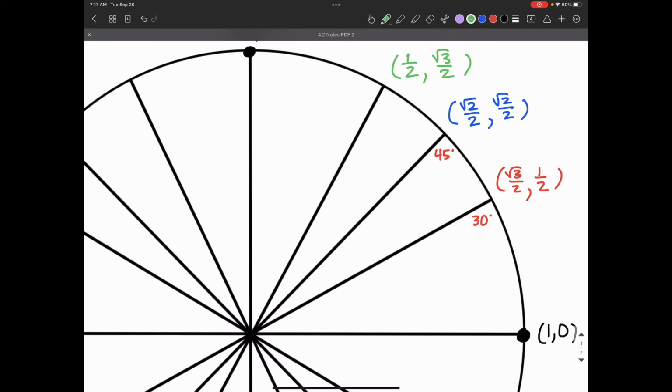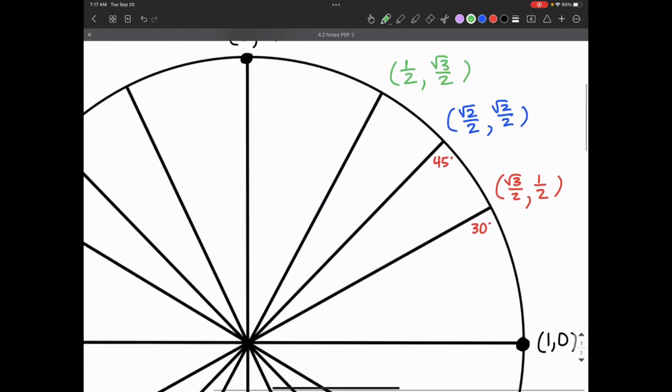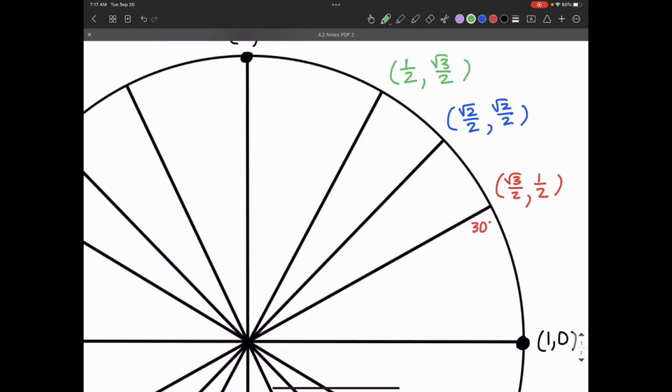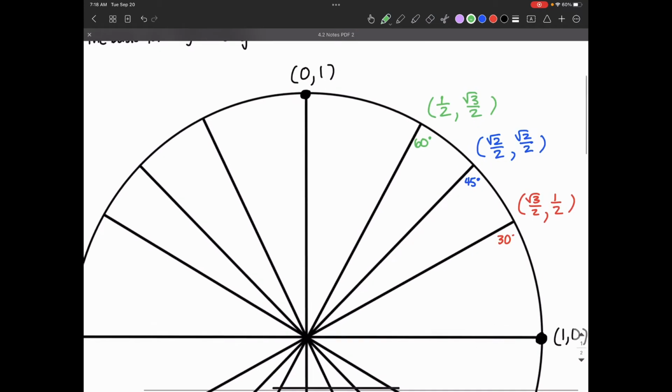There will be 3 terminal sides in each quadrant, and it will always be 30 degrees, 45 degrees, and 60 degrees from the x-axis. I also know that the point 0, 1 is associated with 90 degrees.